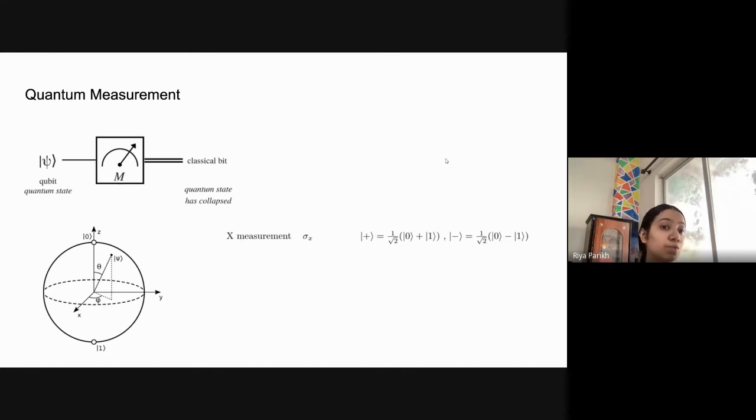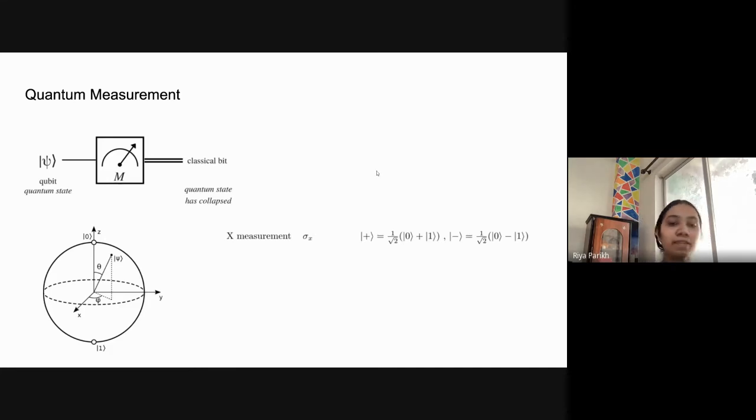But when you try to read a qubit, the act of reading or measurement collapses the qubit and makes it a classical state, and we only have that state, and we have lost all the information that was previously present in the qubit. So measurement is very tricky because we only perform measurement when we actually want to know what is in the qubit after everything.